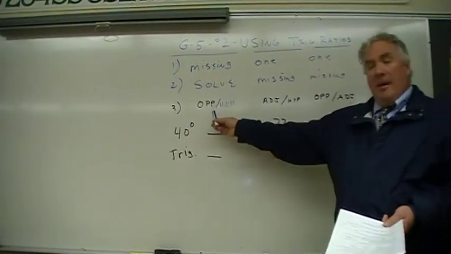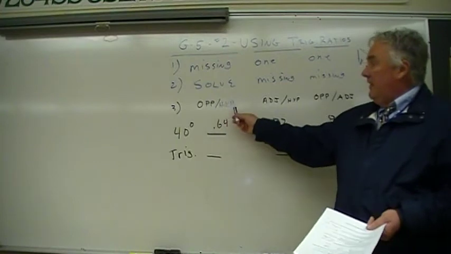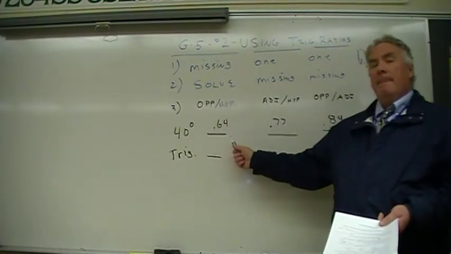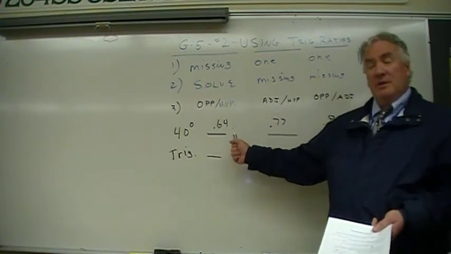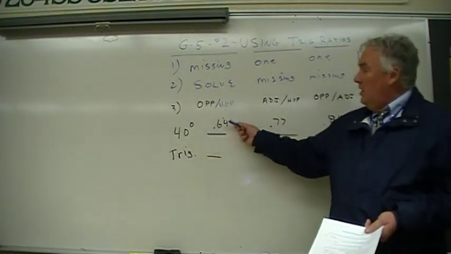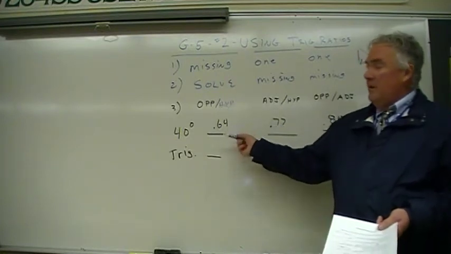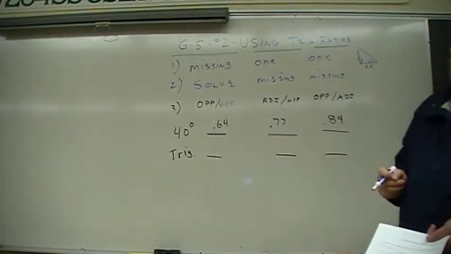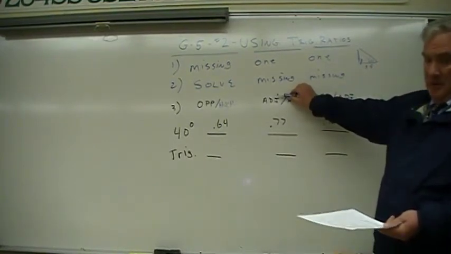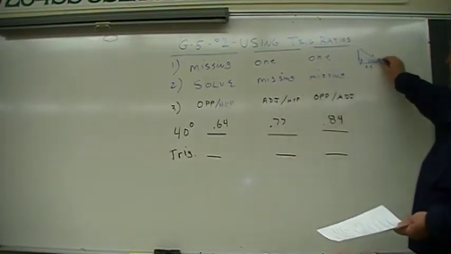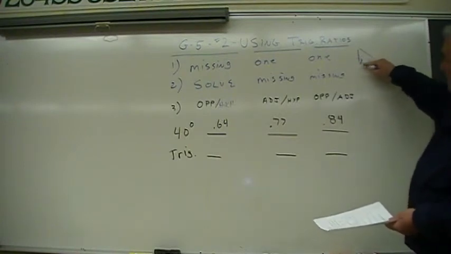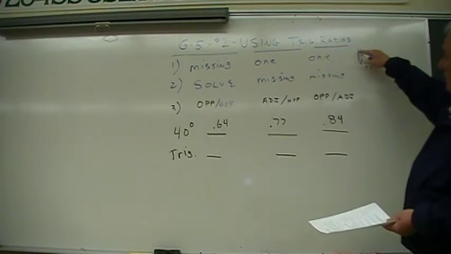If we took the opposite side, measured it, and divided it by the length of the hypotenuse, I don't care what size triangle it is, this is the rule we found, that for a 40-degree angle, the opposite side divided by the hypotenuse side, the ratio is 0.64. And when we measure the adjacent side, remember the adjacent side, if you look up here, if this is our identifying angle, this is adjacent, this is opposite.